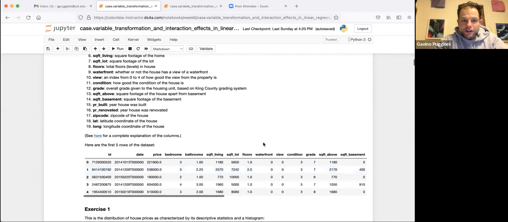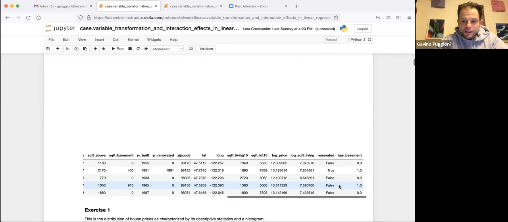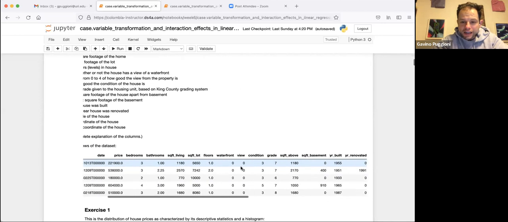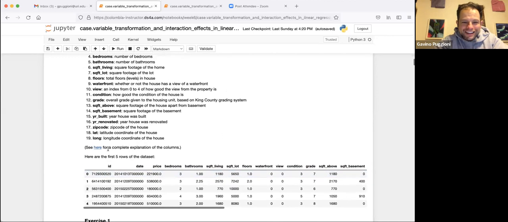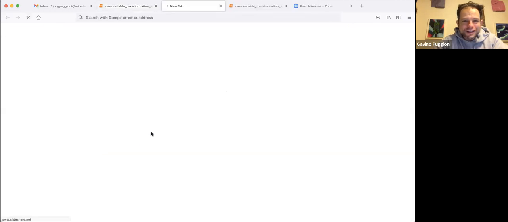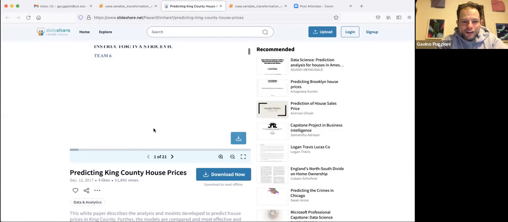And then you have square feet living 15 and square feet lot 15. I can't remember this variable. It's actually not even in the, we will have to click here for the full file.